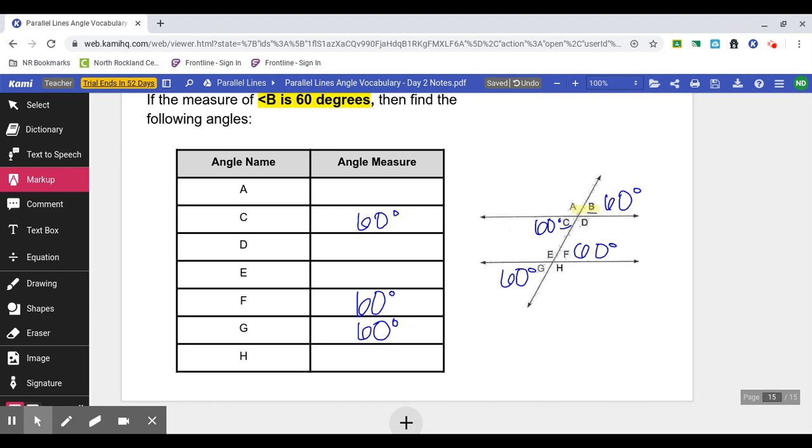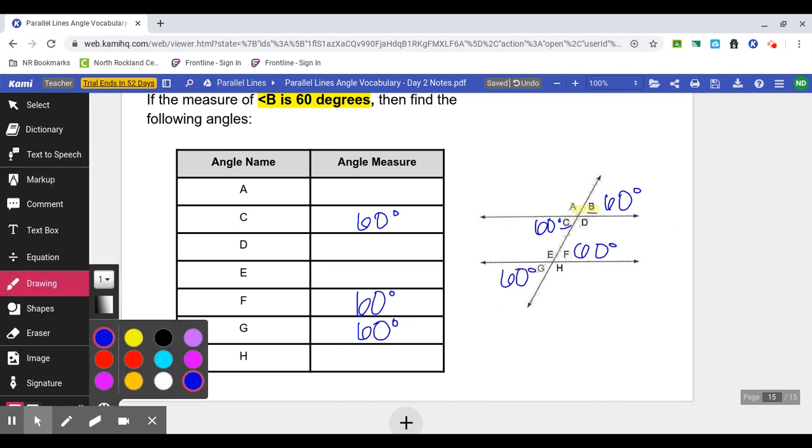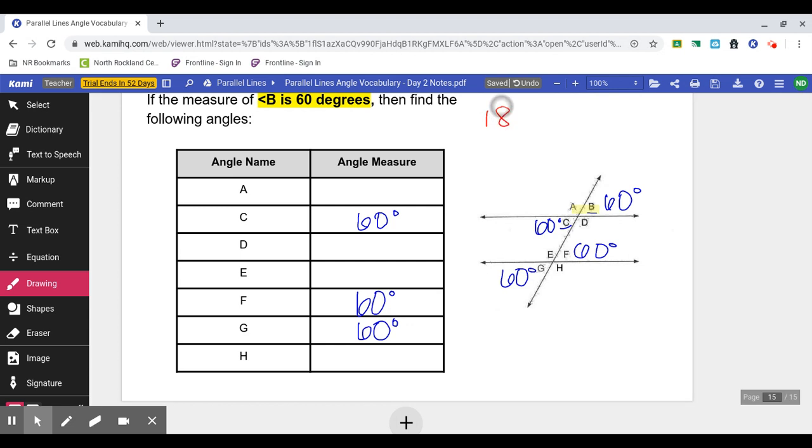Well, I know angle B already equals 60, so I can find the measurement of angle A simply by subtracting 180 minus 60, which equals 120. So I know angle A has to be equal to 120 degrees. Okay, well, angle A and angle D are vertical angles, which means that they are equal to each other. So angle D also has to be equal to 120 degrees.